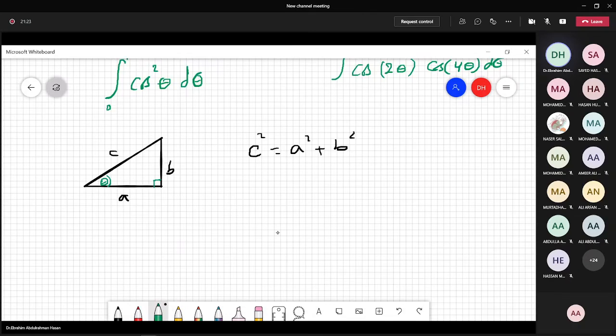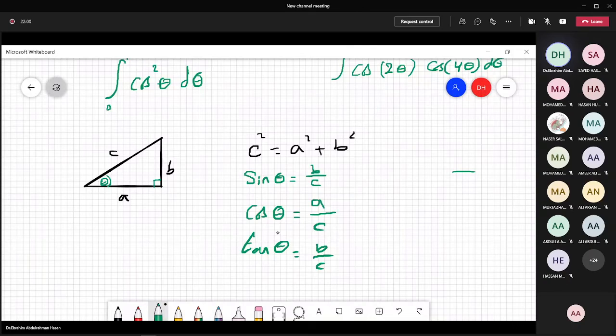So sine theta is equal to B divided by C, cosine theta is equal to A over C, and tan theta is equal to B over A. What is the opposite of sine?